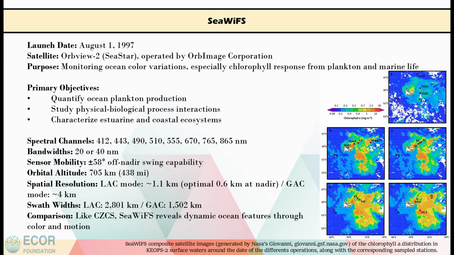Spatial resolution is nearly 1.1 kilometer, and in GAC mode 4 kilometer. It is the same as what you have heard about MODIS spatial resolution; it is similar to this, as we will see in later slides about MODIS.